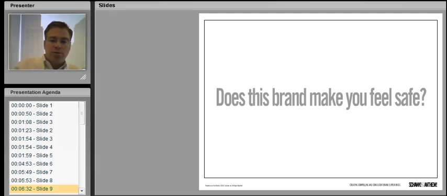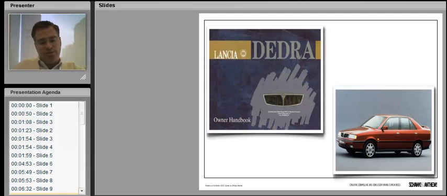Another good example is this next one I'm going to show you. Does this brand make you feel safe? This is an Italian car company. This example is a bit old, but I guess it lets you all understand that this has been going on for quite some time, and clearly it's not easy to do. People have had issues localizing design for many, many years, and it continues. So this is the Lancia Dedra.